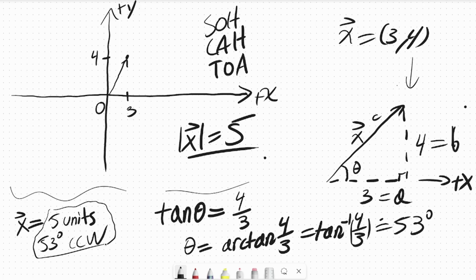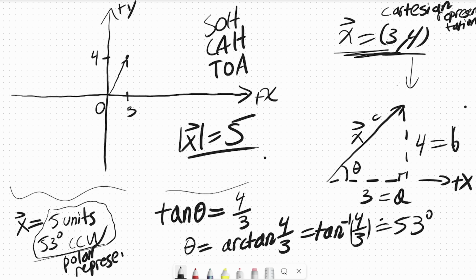This way of defining a vector is known as the polar representation, while the other way of defining it, x vector is equal to 3, 4, we call the Cartesian representation.